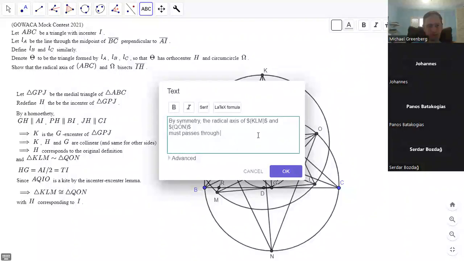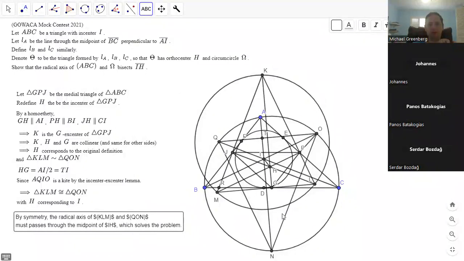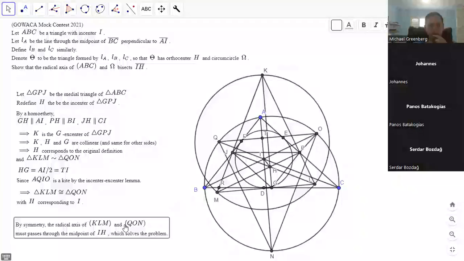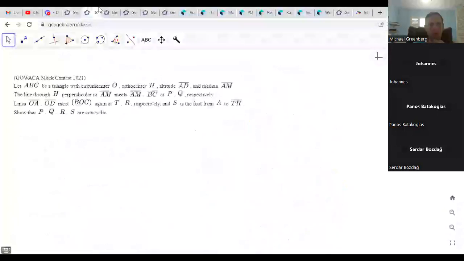I mean, basically, the midpoint of any two corresponding points of these triangles has to lie on the radical axis. All right, so nice solution. I will move on to the next one.